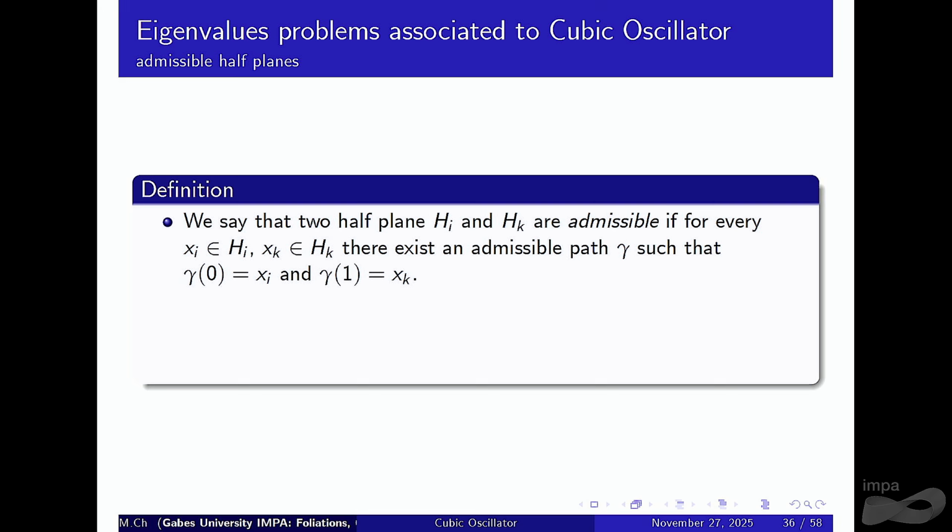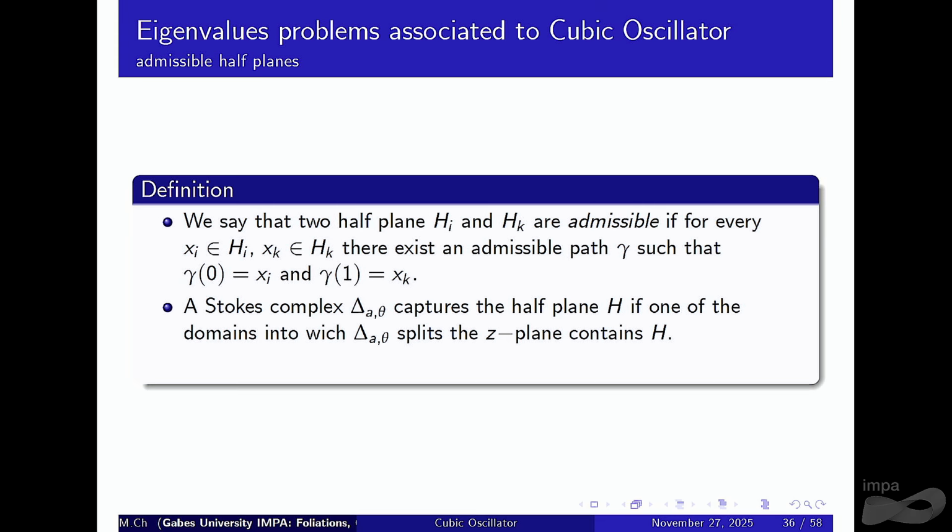In order to build the maximal domain of applicability of WKB before going to the global problem, we introduce the definition. We say that two half-planes, H_i and H_k, are admissible if for every two points in the two half-planes we have an admissible path that goes from xi to xk.